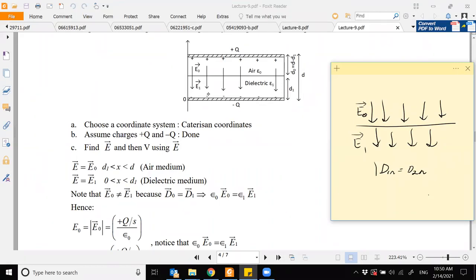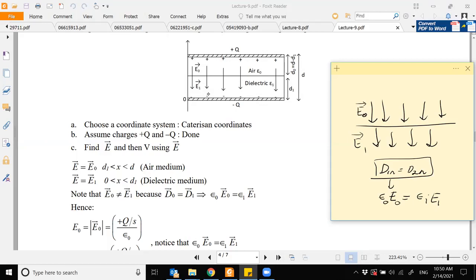So what is D1 normal? It is epsilon 0 E0, because E0 is made up of only one component, which is the normal component. Therefore epsilon 0 E0 is equal to epsilon 1 E1.